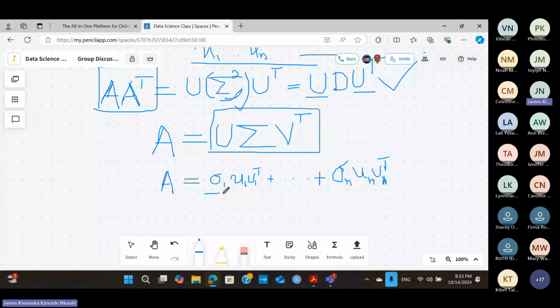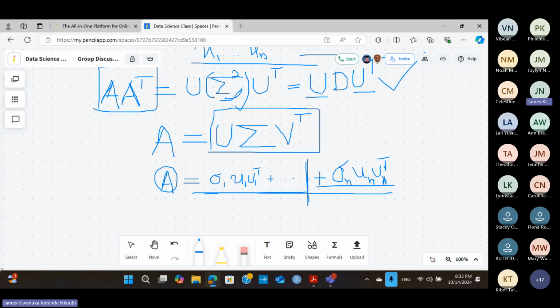So this gives you the exact expansion. You will be able to recover A if you use all the terms. But if the terms are many, you can still get a good approximation by cutting off some of them. And one application of that is image compression. We shall see that in the application.